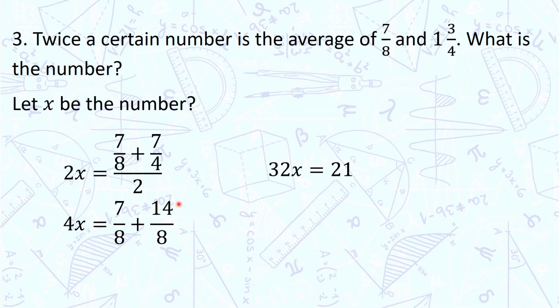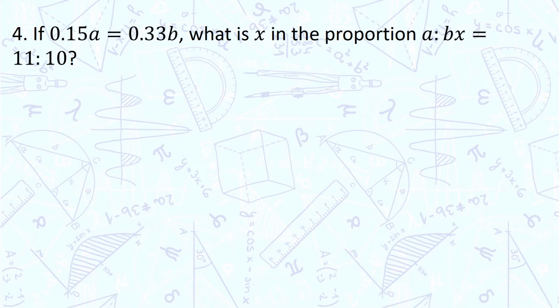Next, we multiply all terms of this equation by 8. So we have 32x equals 21, that is 7 plus 14. Divide both sides by 32, we have 21 over 32, and that is our answer.